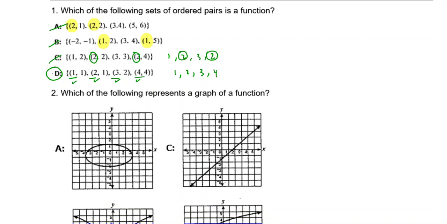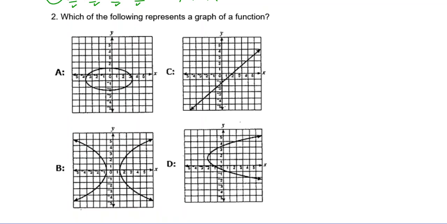So that's that. When you have a graph, the way we can check if the x value is repeating or not is by doing the vertical line test, okay? You are going to draw vertical lines, and if it hits the graph at two different spots like this, it is not a function.